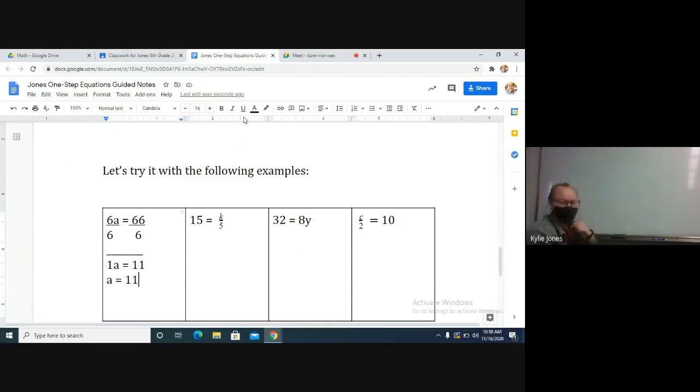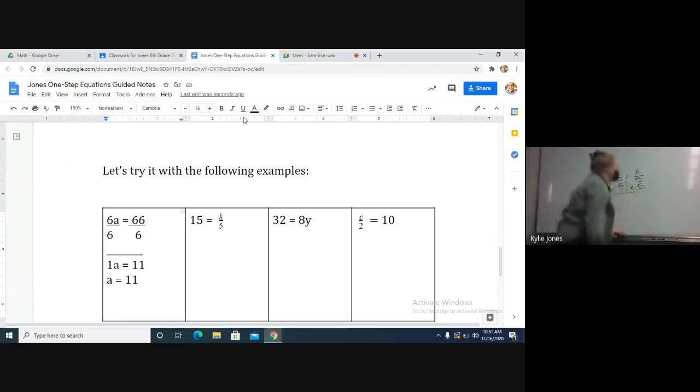Okay, our next one here says 15 equals K divided by 5. So when it is on top of each other like that, K divided by 5, this fraction bar means you're dividing. What is the opposite of dividing? Multiplying. We need to multiply by 5. So we're going to multiply by 5 on each side.